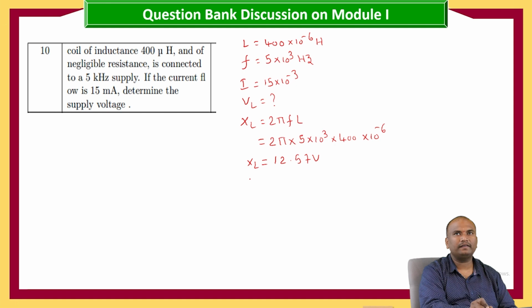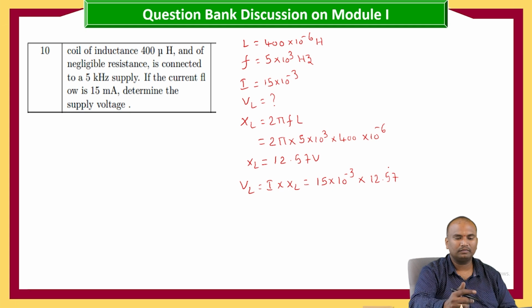Now we got the XL value, where VL is equal to I into XL, which is equal to I value 15 into 10 to the power of minus 3 into 12.57.